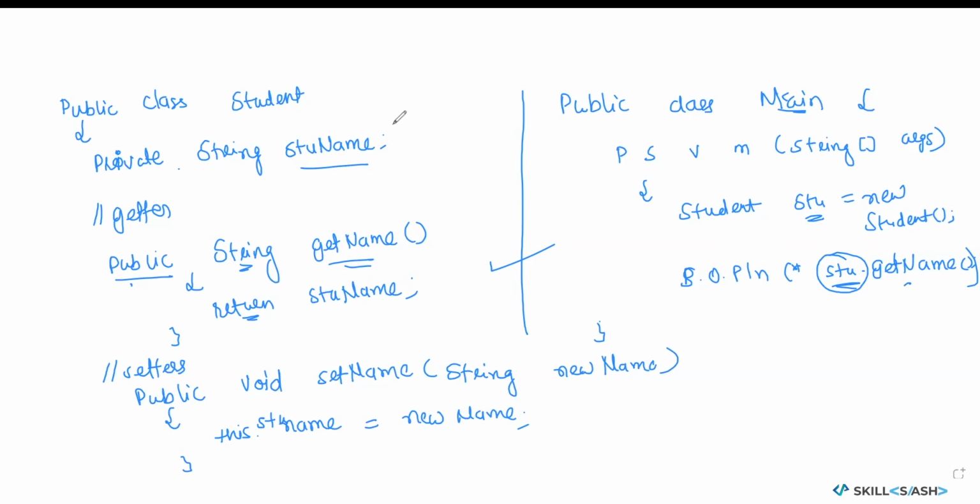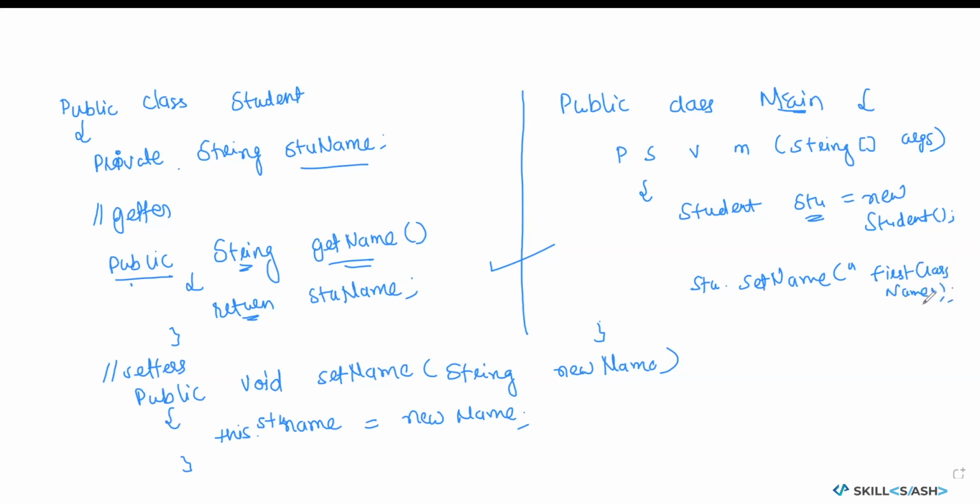Over here we haven't done anything. So in a simplistic way, if I first create the instance of it or the name of it, so stu dot set name, let's say first class name, anything.